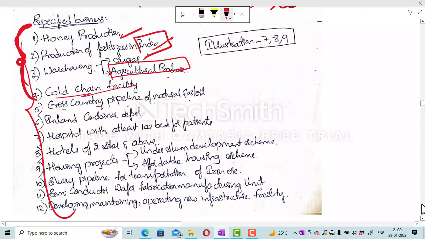So if we are providing such a facility, then we can have this deduction. Cross country pipeline of natural gas or oil. Inland container depot, hospital with at least 100 beds for patients, hotels of 2 star and above, 2 star, 3 star, 4 star, 5 star, like that. House construction projects under slum development scheme or affordable housing scheme, not for luxuries.